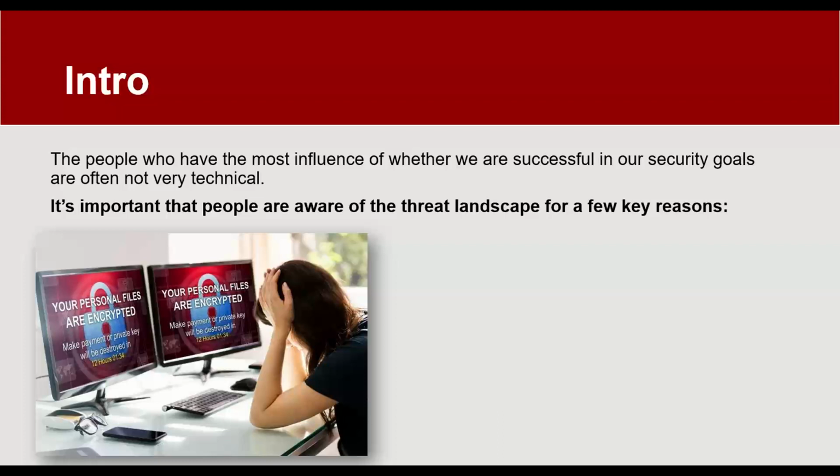And if they decide to do the wrong thing, intentionally or unintentionally, it's the organization that's going to be caught with the consequences. So talking about what the threat landscape is, how to fight back, how to be aware of things, how to report, and how to communicate is critically important.